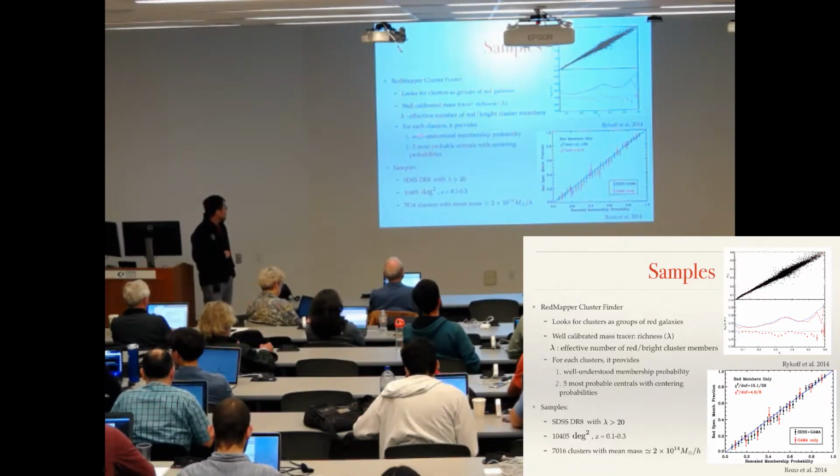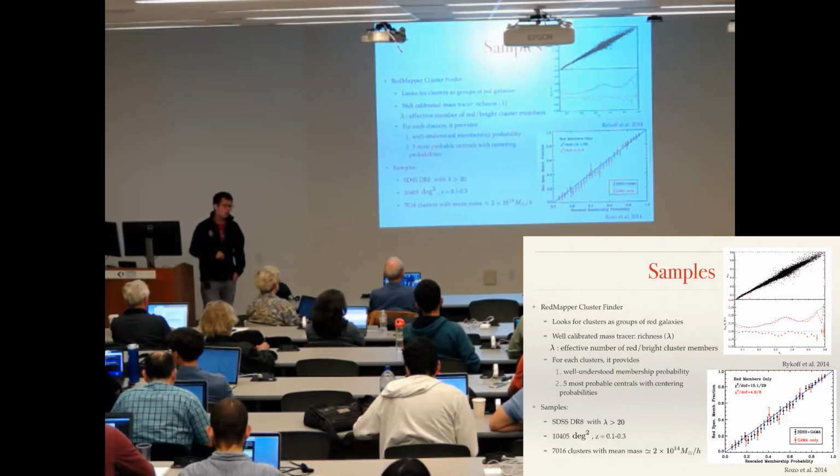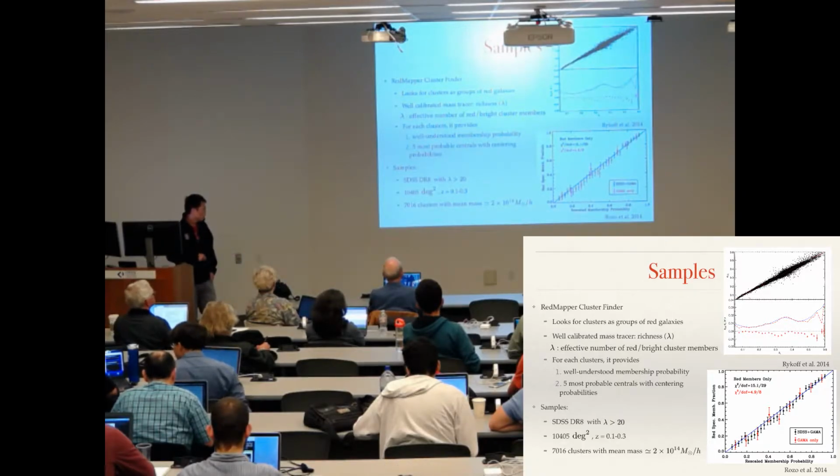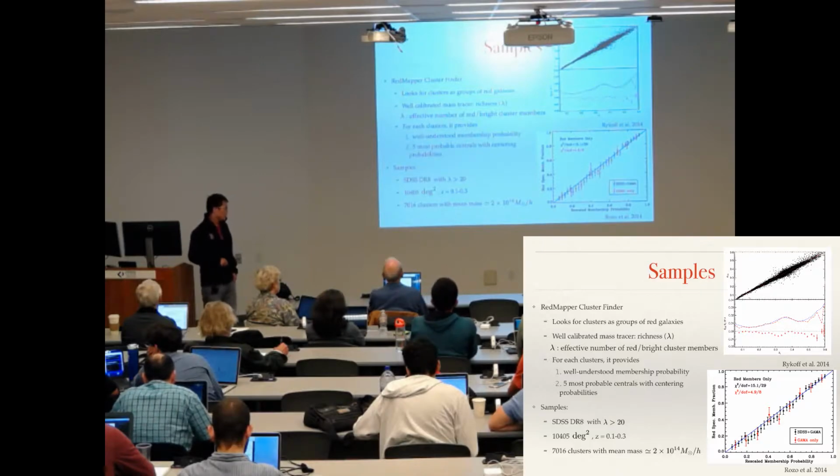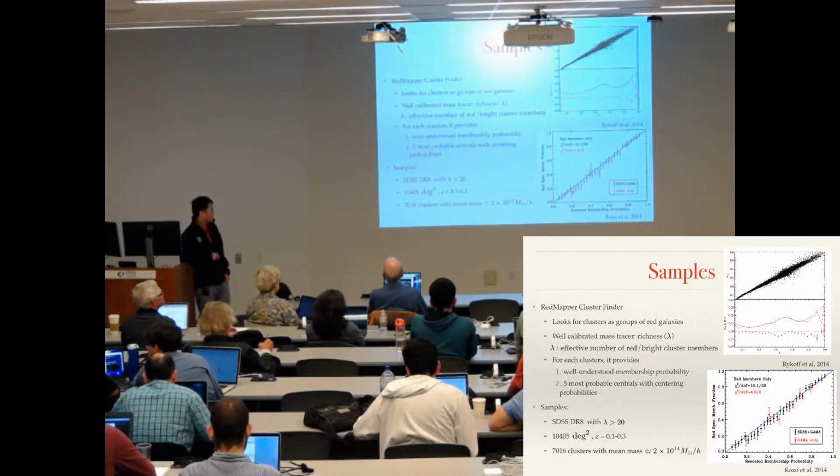Another good thing, why this sample is very good for our science, is that it has a well understood membership probability. Here I'm plotting the membership probability reported by redMaPPer and the spectroscopically identified cluster members. You can see the membership probability lines up with what you expect from the spectroscopic sample pretty well.